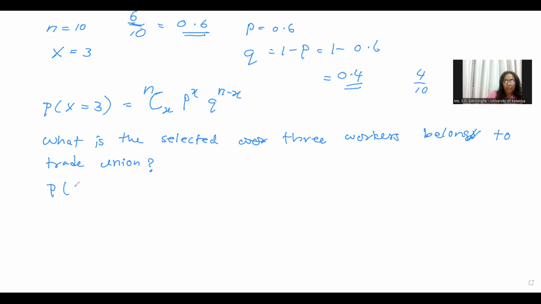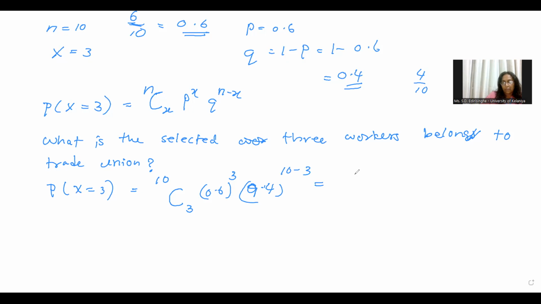When P(x equal 3), n here is 10, C x here is 3, P here is 0.6 to the power x, that is 3, and Q here is 0.4. N minus x means 10 minus 3.